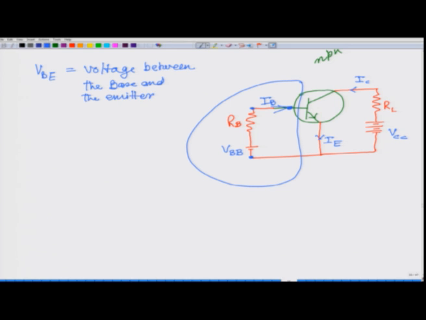And then I have this current, IB. Both of these are on the input side. This VBE is the voltage which exists between this base and this emitter, and IB is the current which is going in this input side of the circuit, and if I draw a curve showing the variation of IB as a function of VBE, that is known as input characteristics.